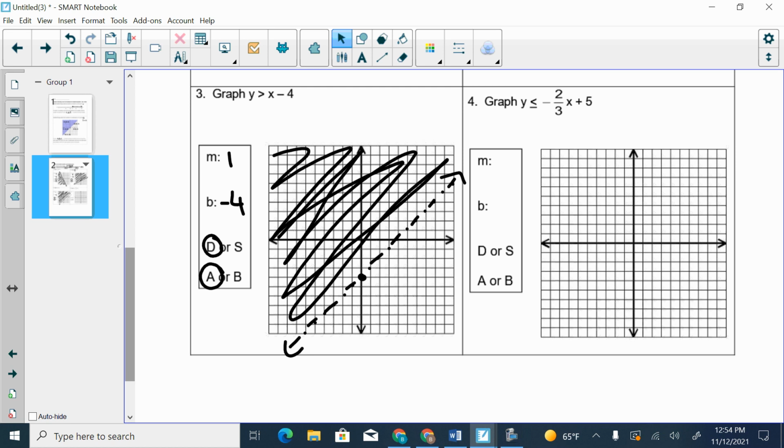Okay, last one, are we in y equals mx plus b form? Yeah. Okay, so what's our m? Negative 2/3, very good. Okay, what's b? And do we want a dotted or solid line? Good. And are we going to shade above or below? Below this time. Okay, so this tells us where to start. So we go up there and we plot our first point.